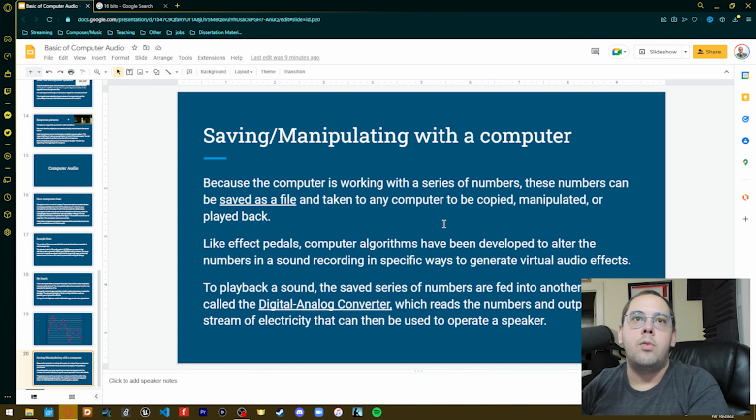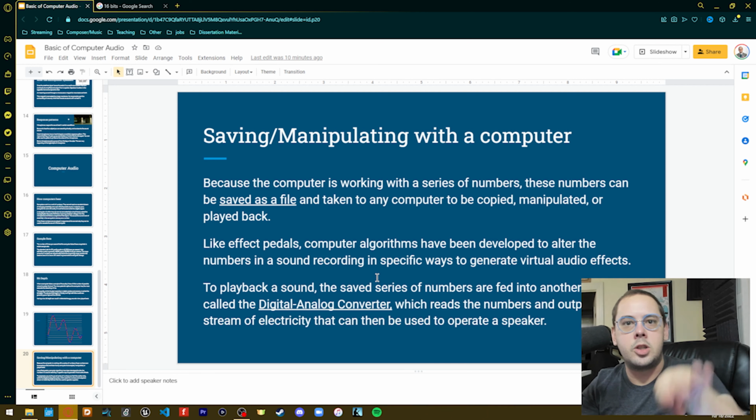So we have what's called the digital to analog converter, wherein the computer sends a series of numbers to this circuit, and the circuit will be like, oh, 5, I know to output this much voltage. Oh, 4, I know to do a little bit less, and so on. So it's getting these numbers that tell it how much to adapt and change its electrical voltage.